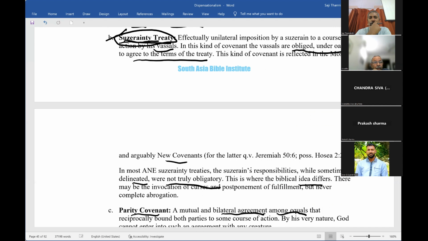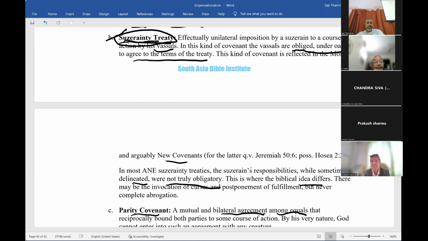It was at Mount Sinai. It was a kind of suzerainty treaty, because God is making a covenant with the people. This is what you have to do, right? And usually it was a written agreement, and people have to say yes, right? So this is part of the covenant making style. That's the reason people said yes.